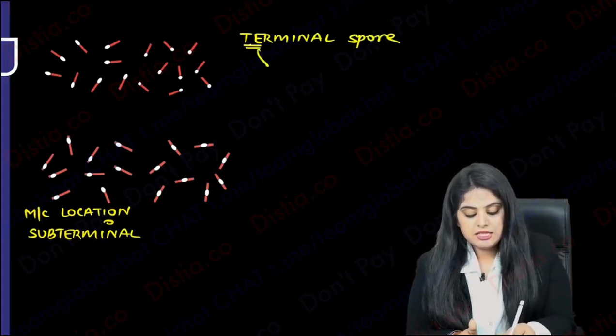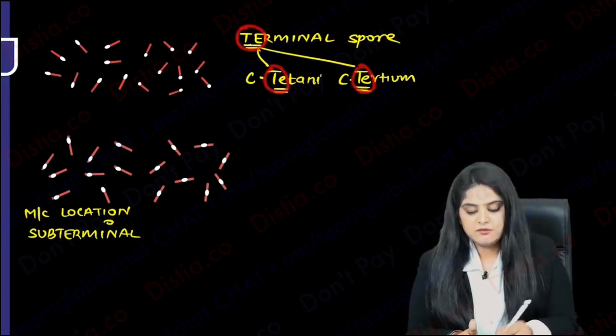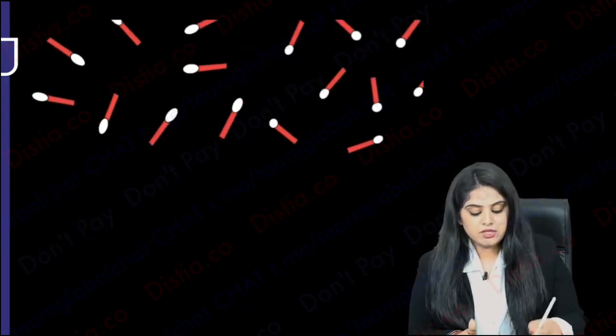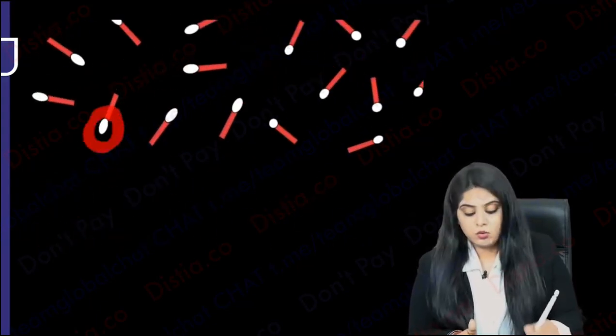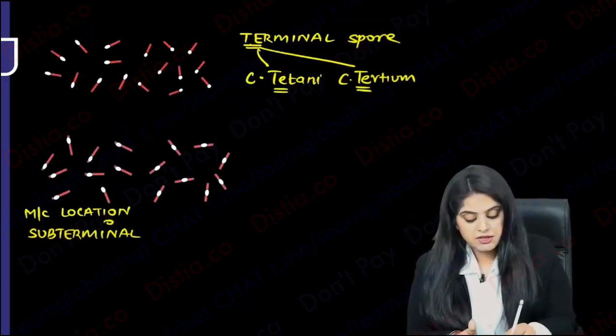TE for terminal, TE for Clostridium tetani, and TE for Clostridium tertium. So repeating, TE for terminal, TE for tetani, TE for tertium, and you can see that over here. This is terminal and oval, this is terminal and round. Because this is terminal and round, it looks like a drumstick.